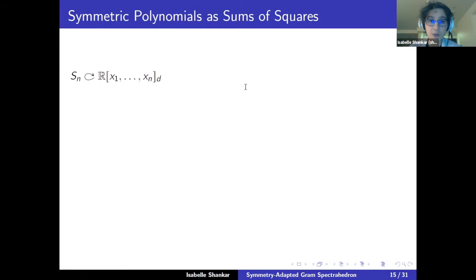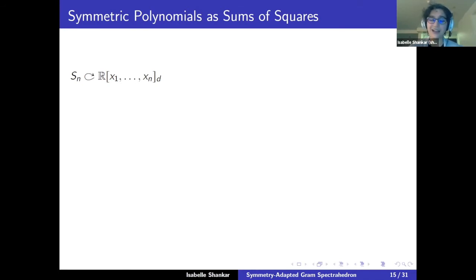Now, with symmetric polynomials, if we want to write a symmetric polynomial as a sum of squares, it turns out that there are a couple of reductions to the problem size that you can do to the SOS program, or the semidefinite program, because it's a symmetric polynomial. So I'll talk about that now. We're going to keep in mind an S_n action on the space of degree d polynomials.